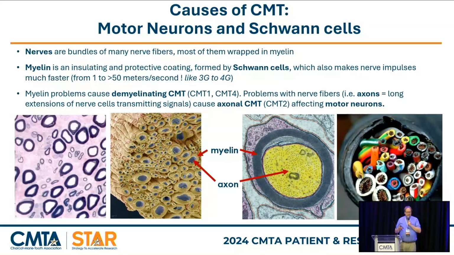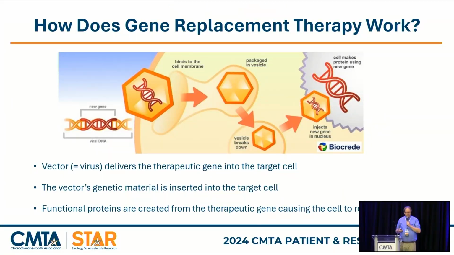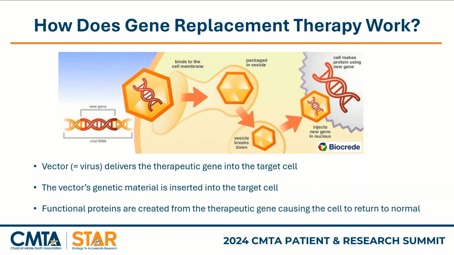So these are two different cell types that we have to think about in terms of delivering these genetic therapies. Let me give you one version of gene therapy, which we sometimes refer to as gene replacement therapy. In this case, if the function of a gene is deficient, we like to deliver the correct version of that gene. And we need to use vectors. These are just a way of delivering to the correct cell type. The most popular type of vector right now is AAV, which is a type of virus.